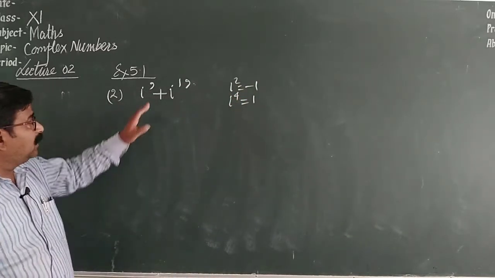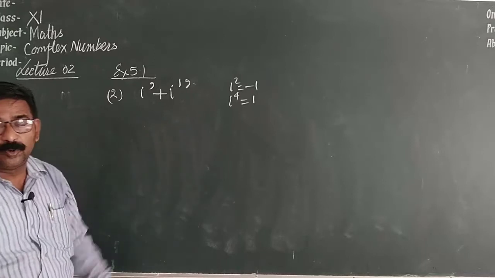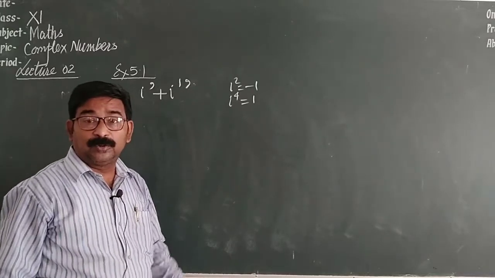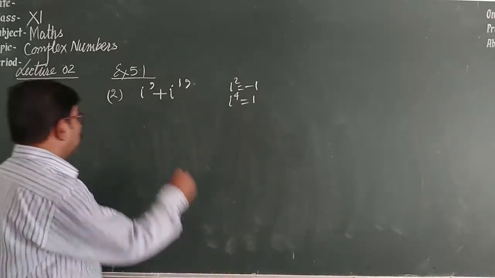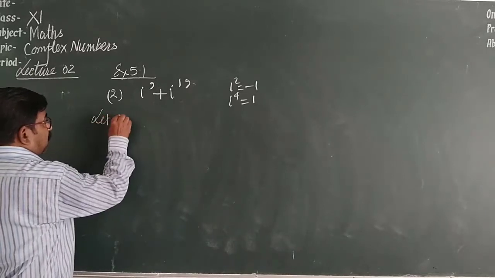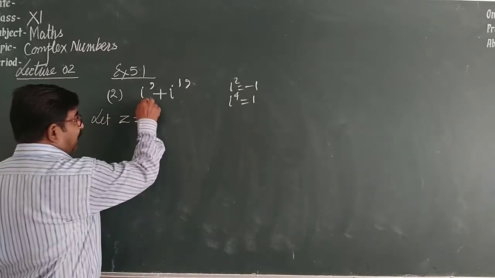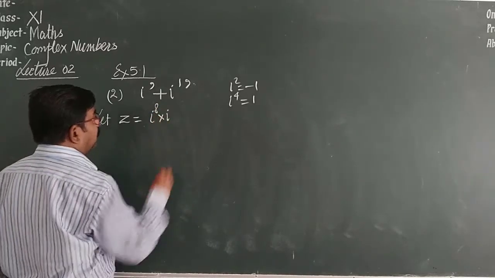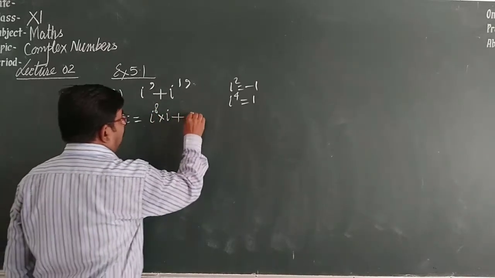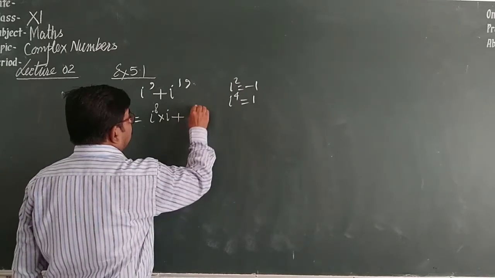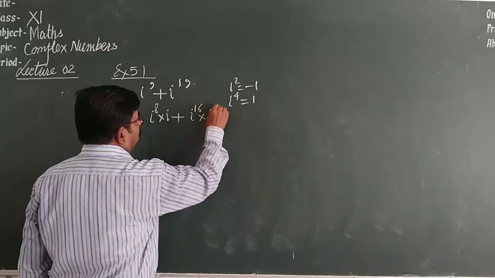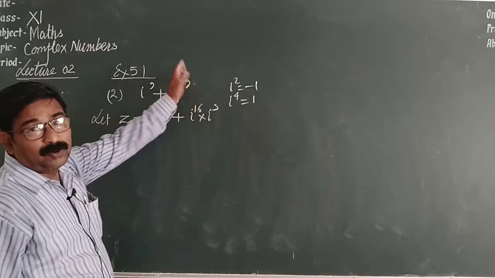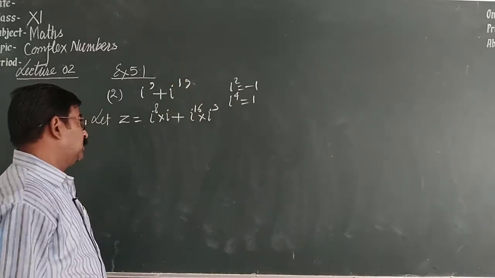If you have the power of i more than 4, try to convert this into a multiple of 4. Let z is equal to, we can write this, see, i to the power 8 into i plus, we can write i to the power 16 into i to the power 3, or you can write i to the power 20 minus i to the power 1.